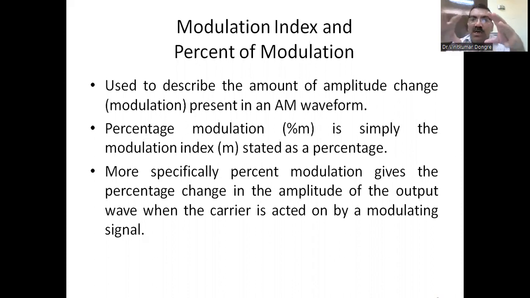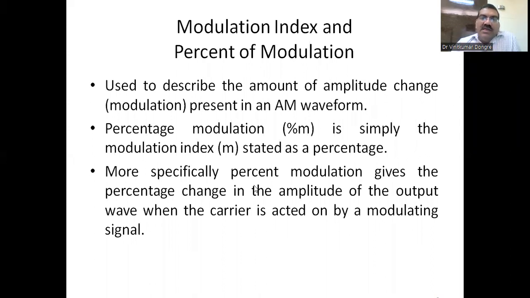So this is one of the parameters which will give you the understanding of the quality of your amplitude modulated wave. It may be taken in percentage, or if it is simply M, it is called modulation index, or if it is in percent, then it is percentage modulation, you can see.